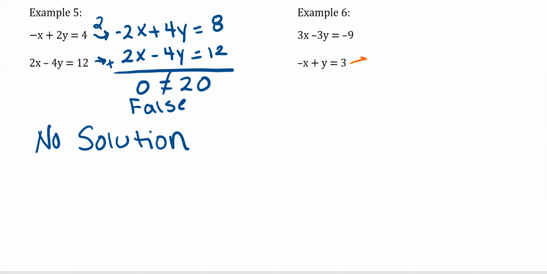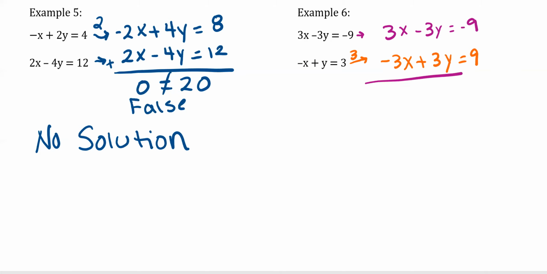Example 6, let's multiply the second equation by 3. And we'll leave the first equation alone. And now we'll add the two equations together.